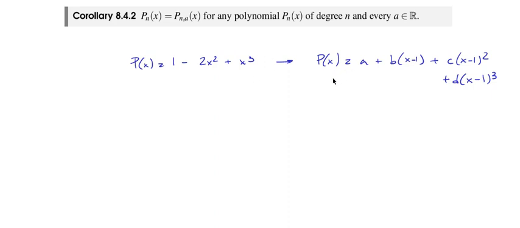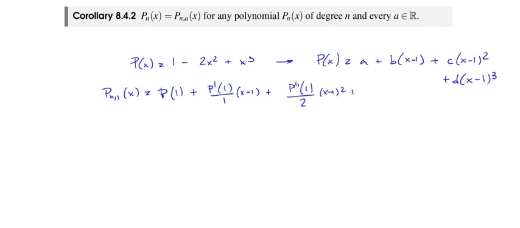But with Taylor's polynomial, it's easier because you just need to compute the Taylor polynomial at 1, right? So we can compute Pn,1 of x is just p at 1, plus p prime at 1 divided by 1 times (x minus 1), plus the second derivative at 1 divided by 2 times (x minus 1) squared, plus the third derivative at 1 divided by 6, which is 3 factorial, times (x minus 1) cubed, right?